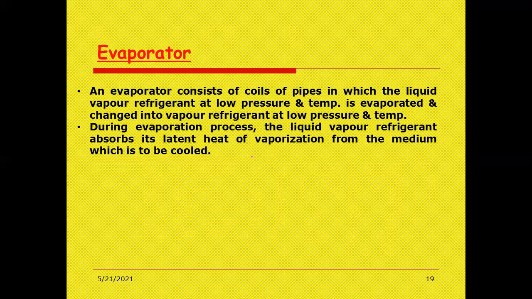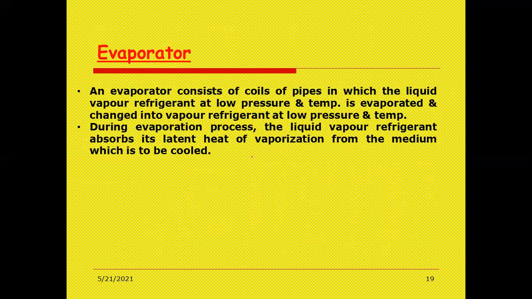During the evaporation process, the liquid refrigerant absorbs its latent heat, the heat of vaporization, from the medium which is to be cooled. I think you are getting bored, right? So what does the evaporator do?